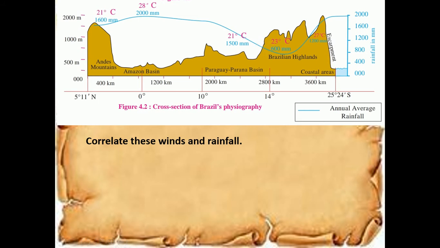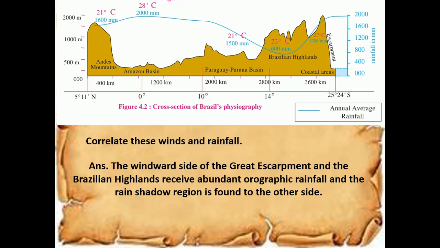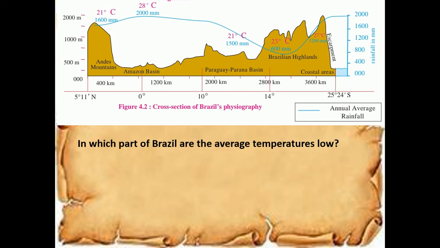The answer: the windward side of the great escarpments and the Brazilian highland receives abundant orographic rainfall, and the rain shadow region is formed on the other side. In which part of Brazil are the average temperatures low?